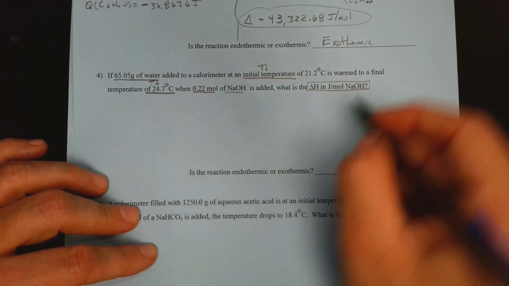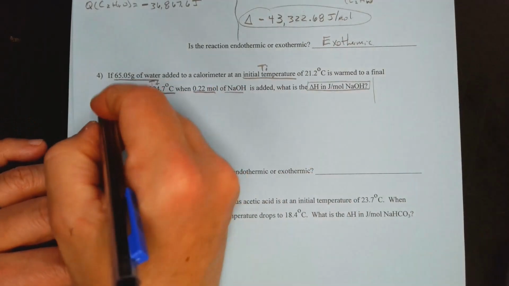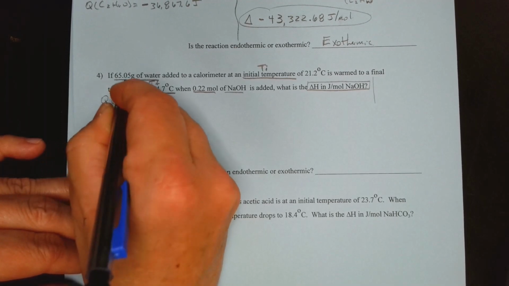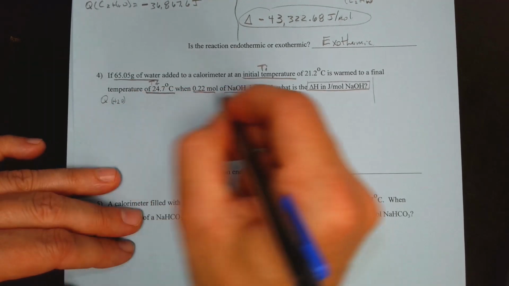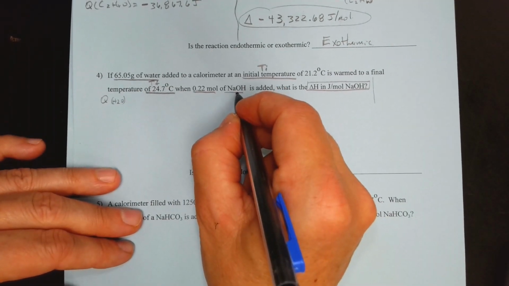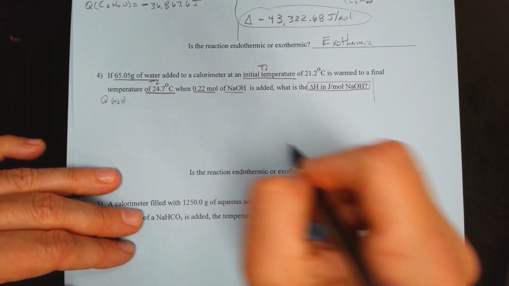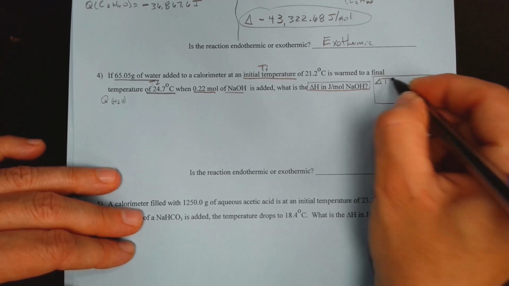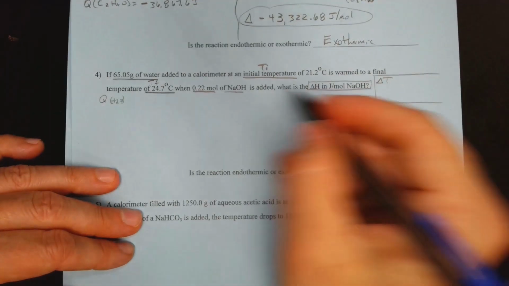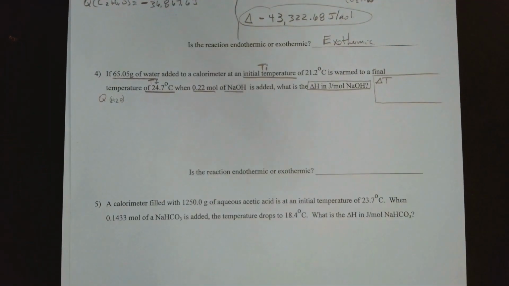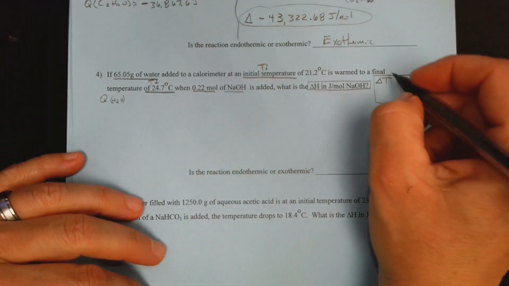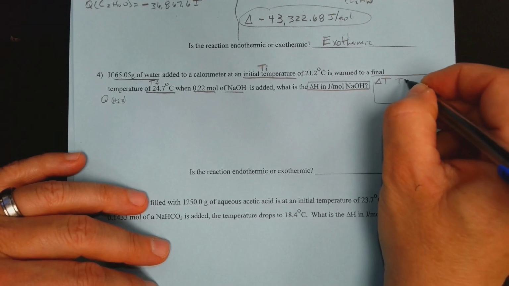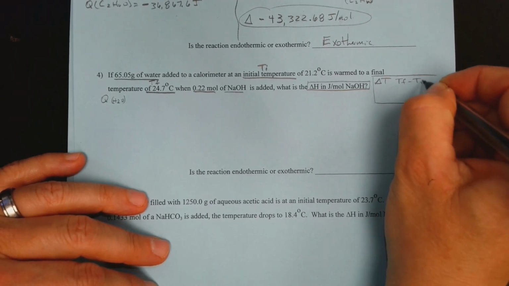So again, you guys, like anything, we're going to start by, again, we're trying to find the Q of water to start with, because water, you guys, again, is going to be my surroundings. We're adding this material to the water, and something is going to change, okay? So I'm going to start by going ahead and figuring out my change in temperature, because like always, I have to figure out my Q of water first. So my change in temperature is, again, my final temperature minus my initial temperature.